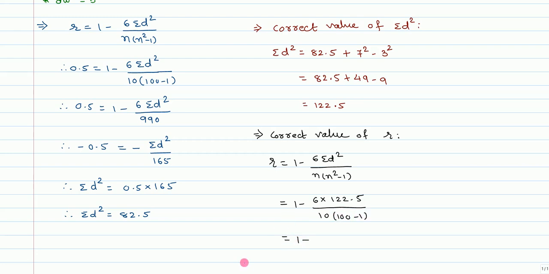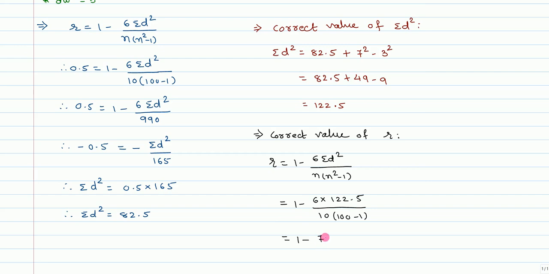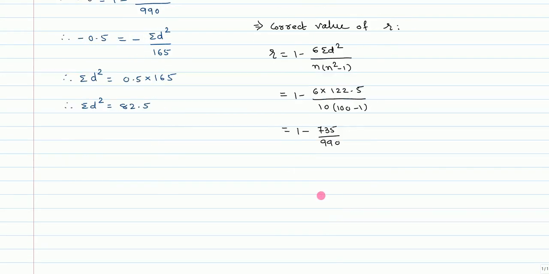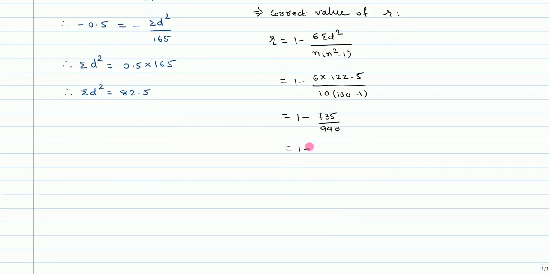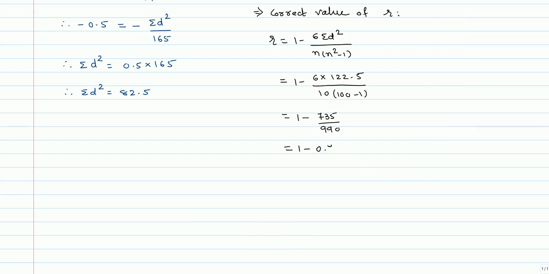So it is equal to 1 minus 735 divided by 990. That is 0.74, and 1 minus 0.74 gives us 0.26. So R is equal to 0.26, the correct value.